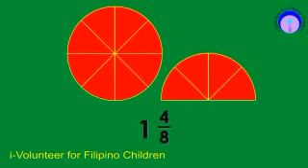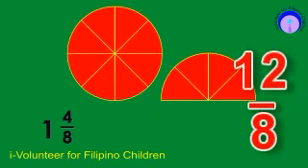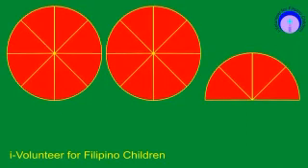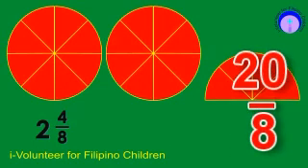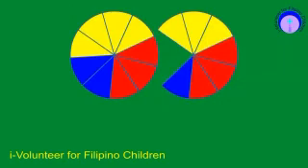The improper fraction is 12/8. The improper fraction is 20/8.